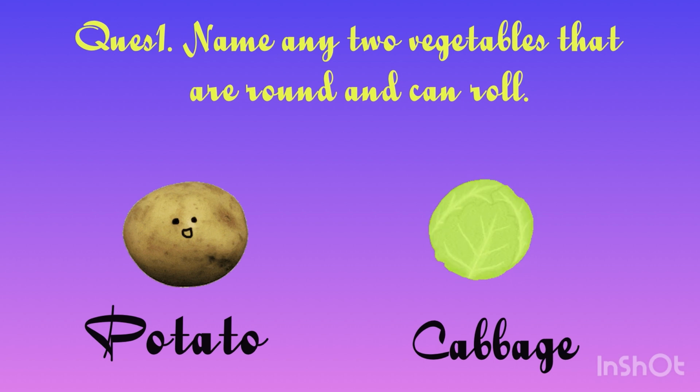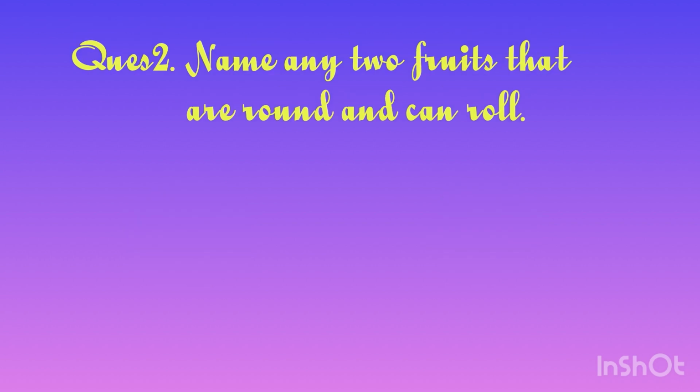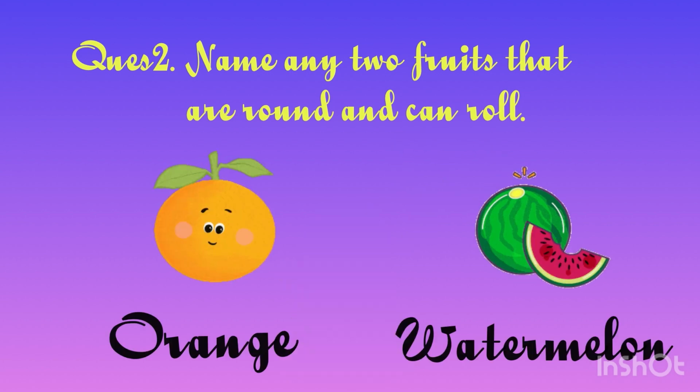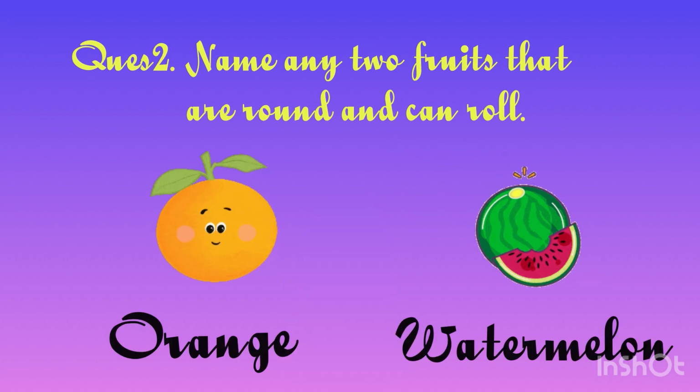They are round and can roll. Our next question is, name any two fruits that are round and can roll. Which are these fruits? Yes, orange and watermelon. Both are round and can roll.